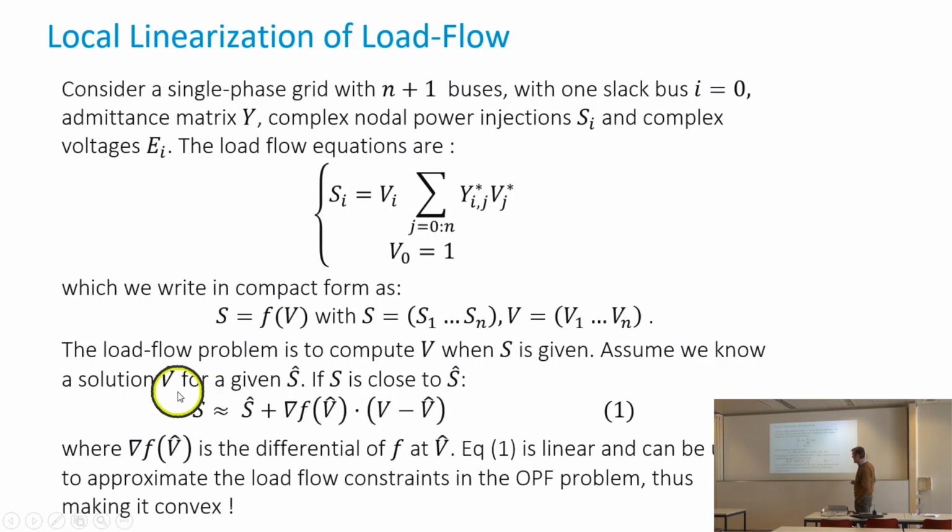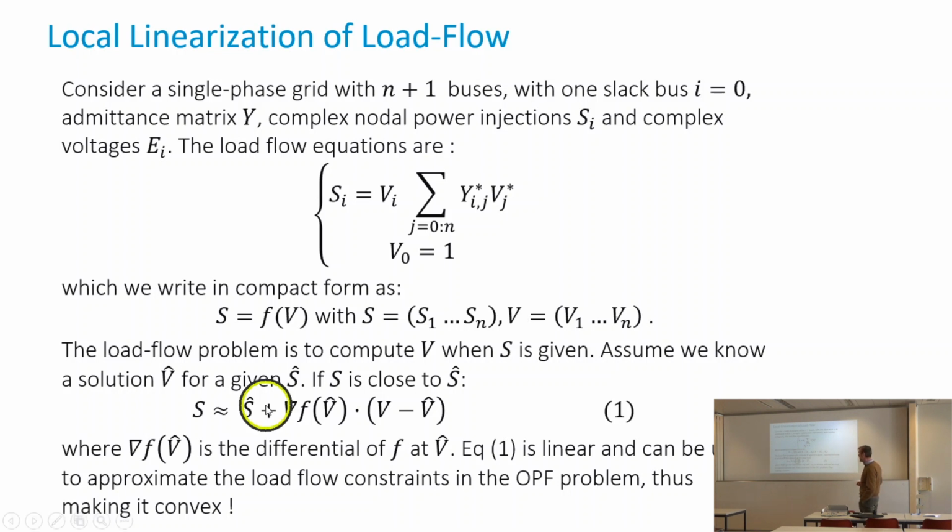Now what does that mean? This is a vector of complex number or rectangular coordinates, which is equal to the point at which we are, plus the gradient of this mapping F times the increment V minus V hat. So that's a very compact form of writing the power series expansion at order 1 here.